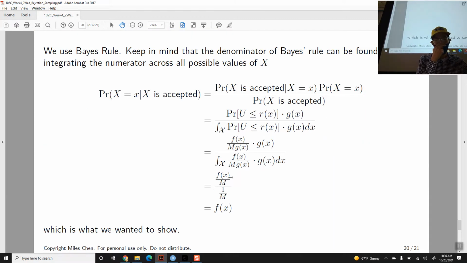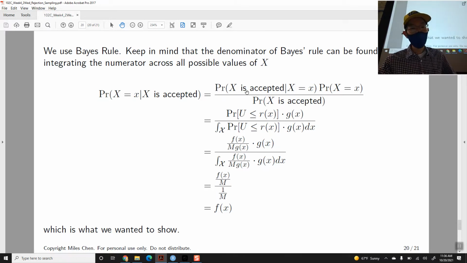Okay? And so we can use Bayes' rule to do this, and this denominator in Bayes' rule can be found just by integrating the numerator across all possible values of x.